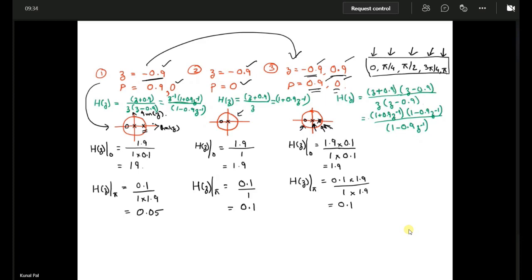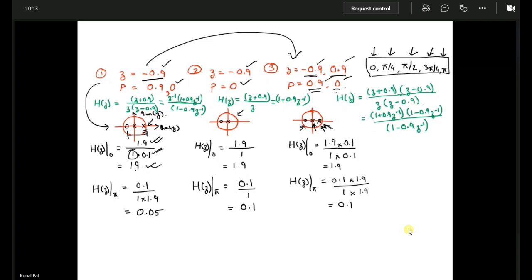We have to look into the distance of the pole and the distance of the zero to the DC frequency, and this comes out to be 1.9 divided by, from the origin to the DC frequency, it is 1, and then from the second pole to the DC frequency, it is 0.1. So if you calculate this, it comes out to be 19.